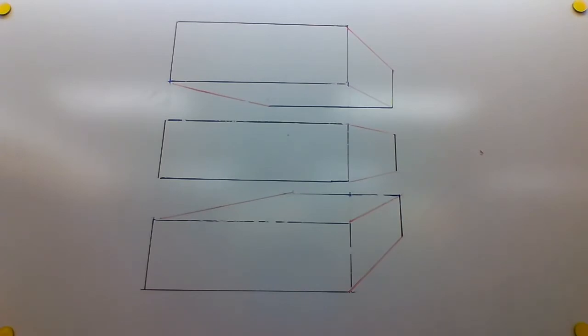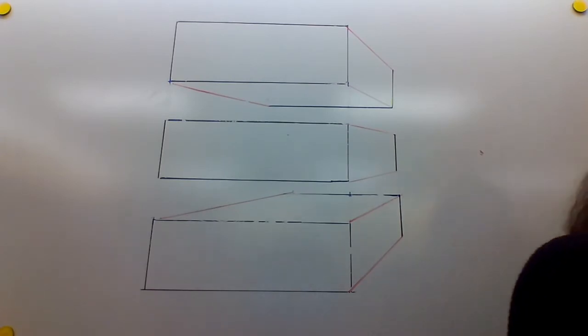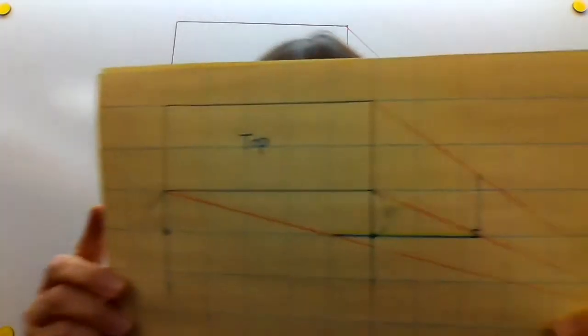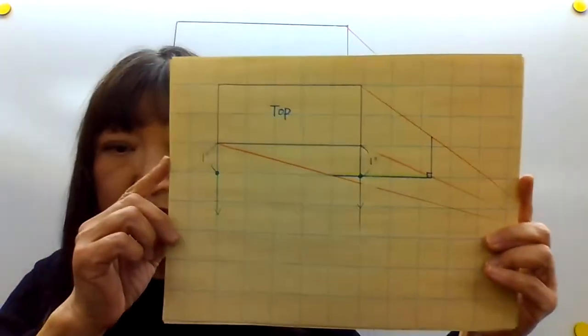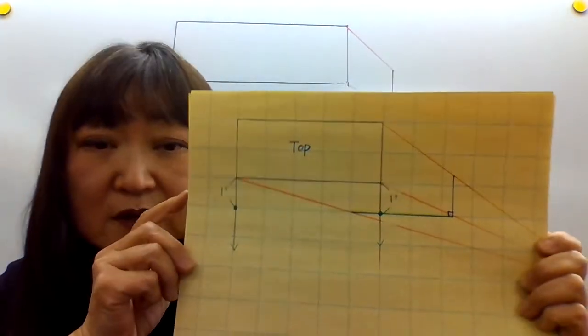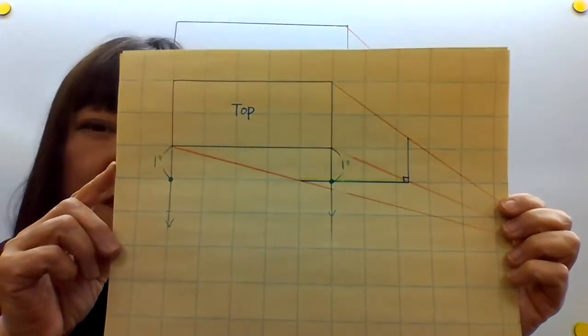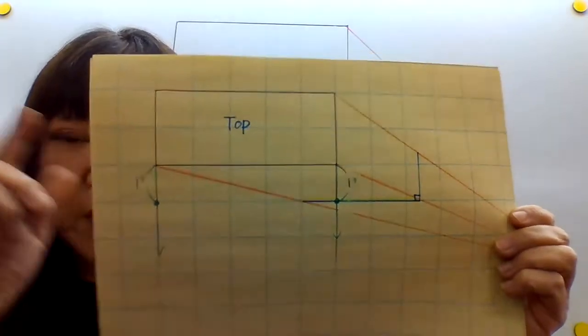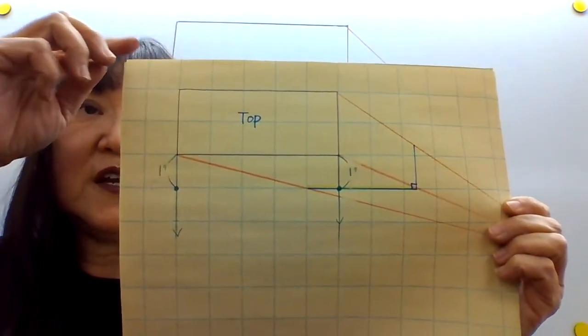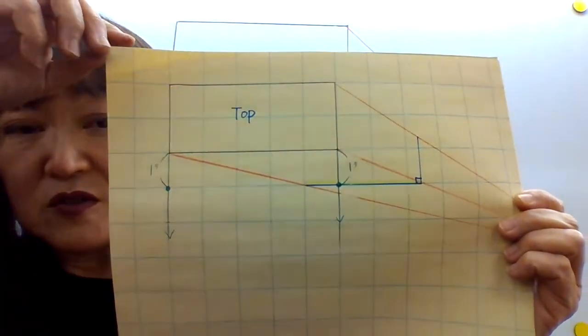Okay. Now I'm going to show you this close-up shot. Just so that if you get lost, you can just pause this picture, and then you can take a look at it again. And here's the top box.